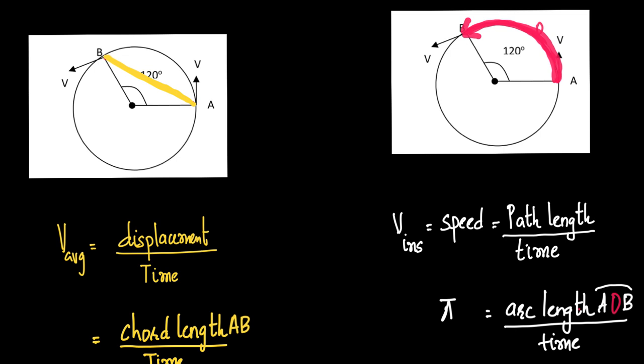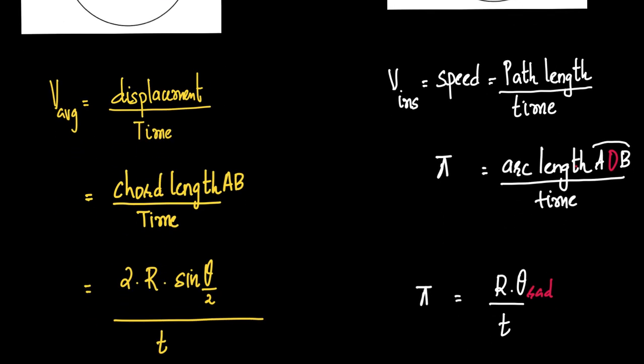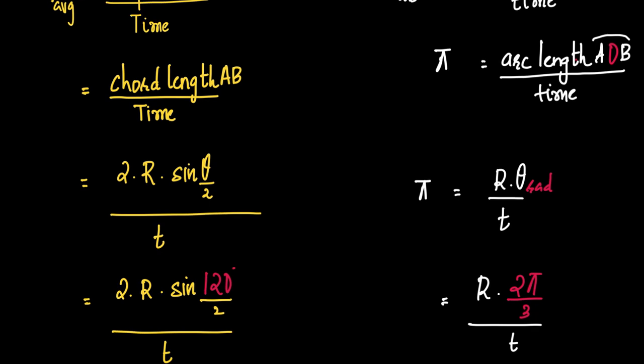So displacement is chord length and path length is arc length. What is average velocity? Displacement by time. What is average speed, or in this case equal to instant speed? Path length by time. What is path length? Arc length. What is displacement? Chord length.